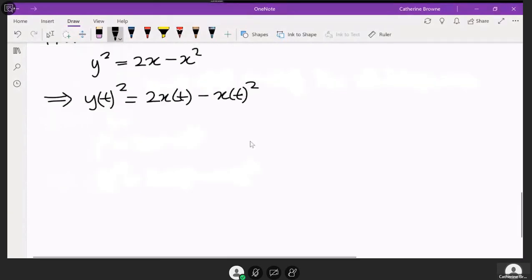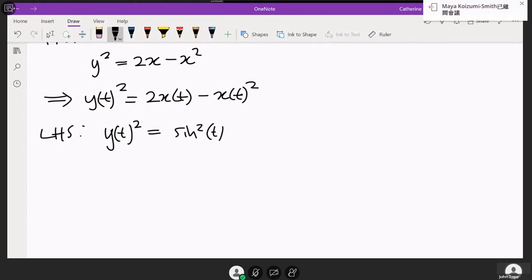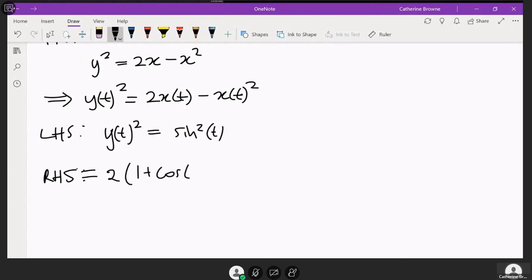So the left-hand side is just y of t all squared, which is equal to sine squared t. And the right-hand side we have is equal to 2 times (1 plus cosine t) minus (1 plus cosine t) squared.